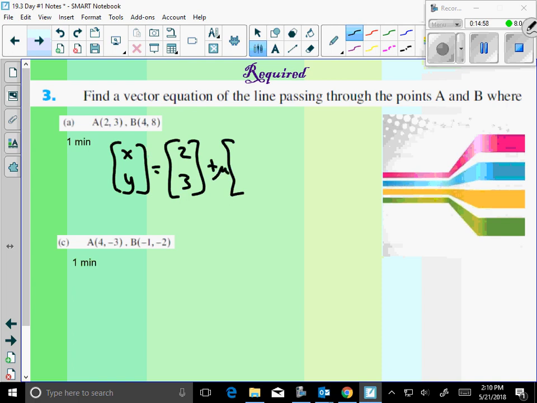This is called mu. This is the cow's favorite Greek letter. Mu. Yeah. There's the vector equation. Plus 2. Plus 5.